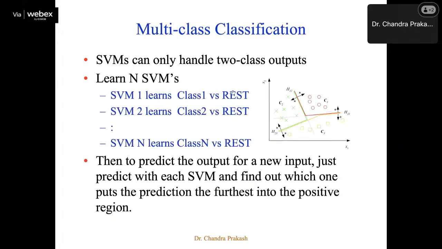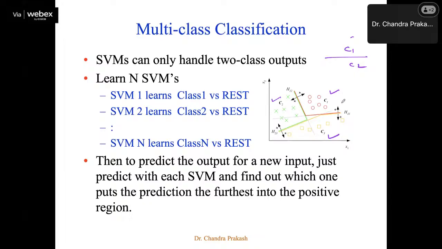Now we can use it for multiple classes, right? Let's say I have three classes, as you can see here, C1, C2, and C3. In SVM, we need to come up with a line that can divide only class 1 and class 2.